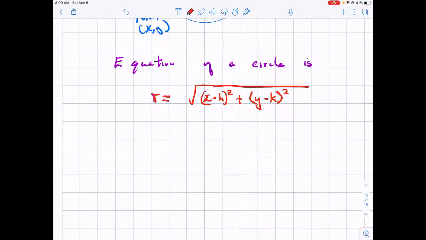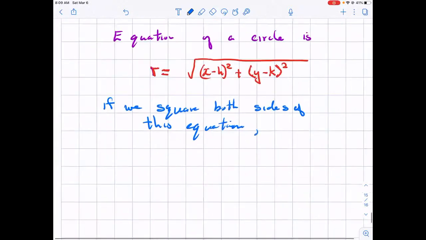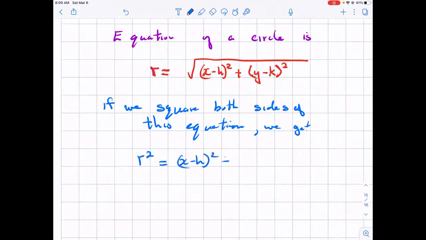But if we square both sides of this equation, okay, we get r squared is equal to x minus h squared plus y minus k squared.